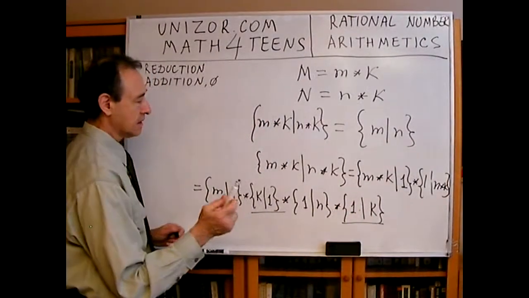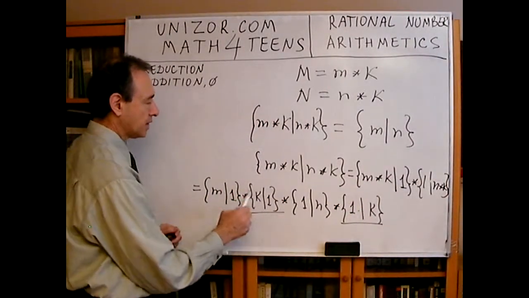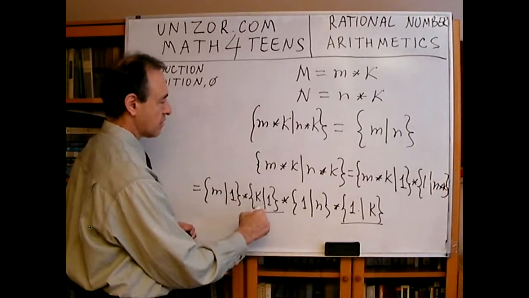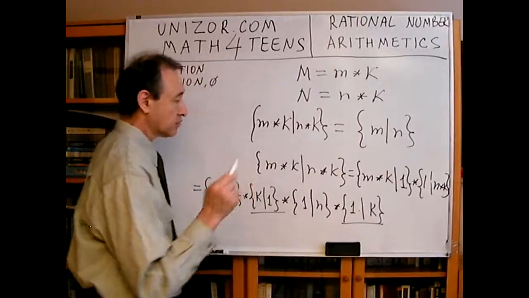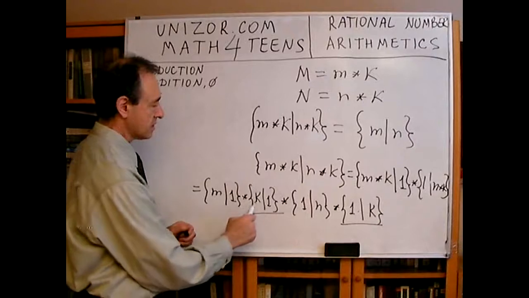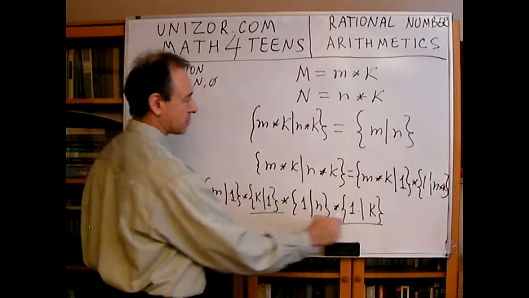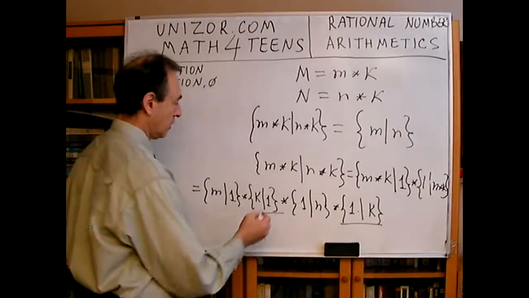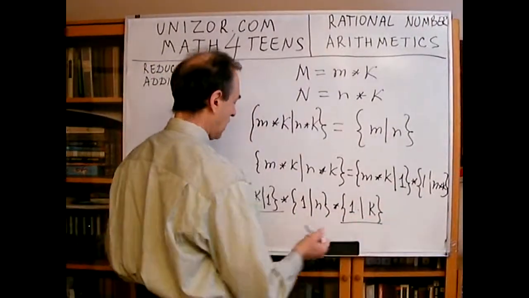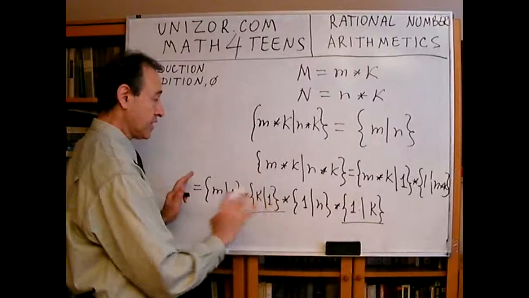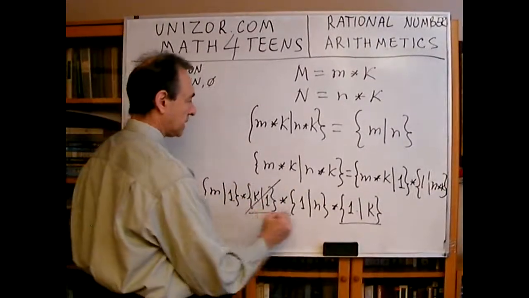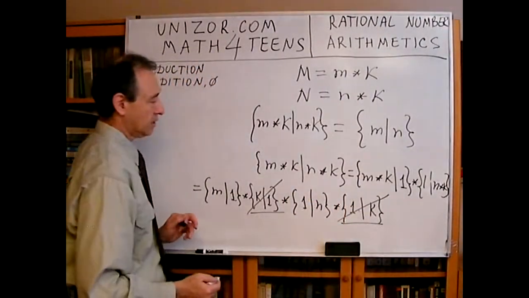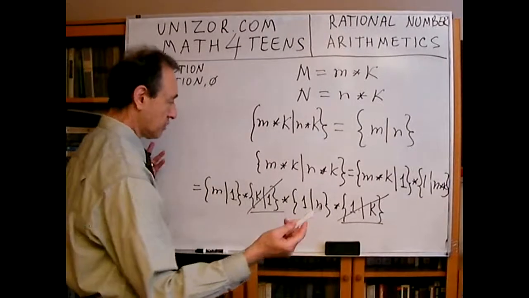And again, if you remember, one of the definitions of these rational strings when I introduced this formalism was that any number over 1 times 1 over any number will give 1 over 1. So k over 1 and 1 over k, as it was stated in the definition of these rational strings, by definition is 1 over 1, and 1 over 1 multiplied by anything will be 1 over 1.